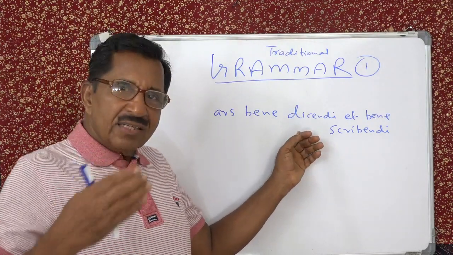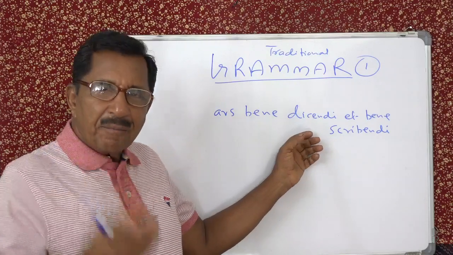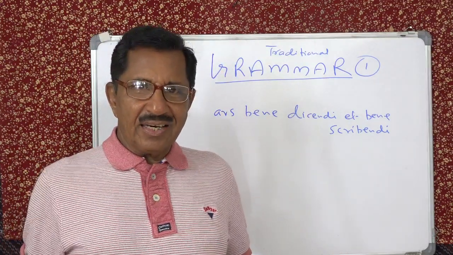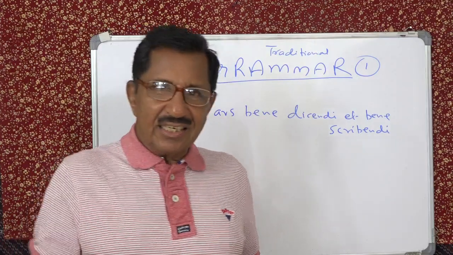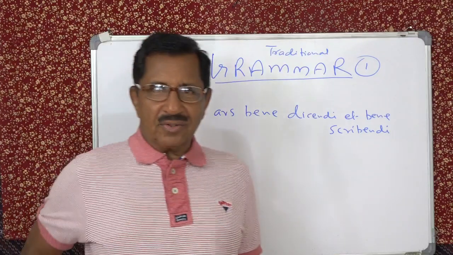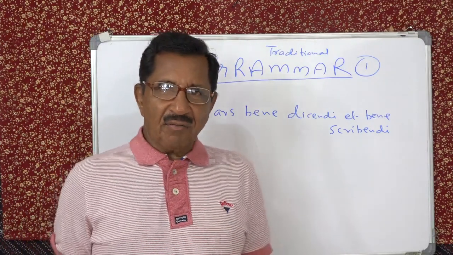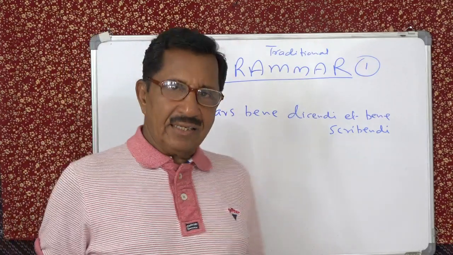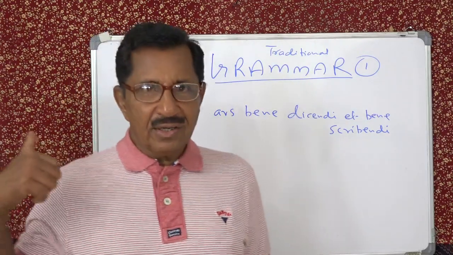Dicendi means dictate, speak. We say dictate, it comes from that. In Latin, all the letters are pronounced. That's why we say dicendi. It's a phonetic language. Et means and, as in Et tu, Brute.